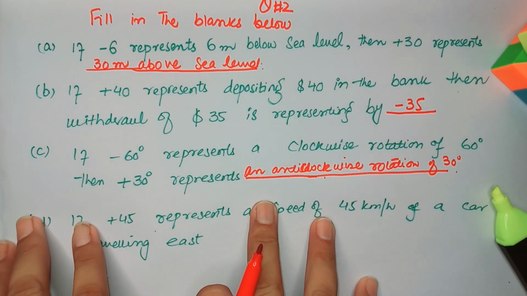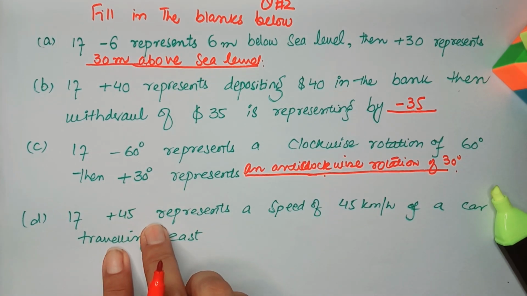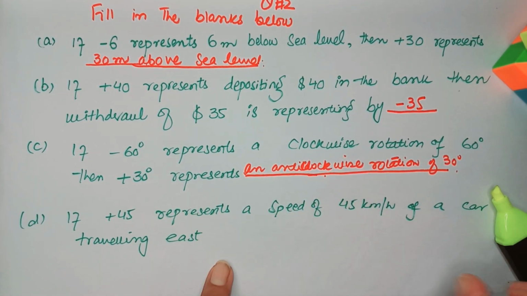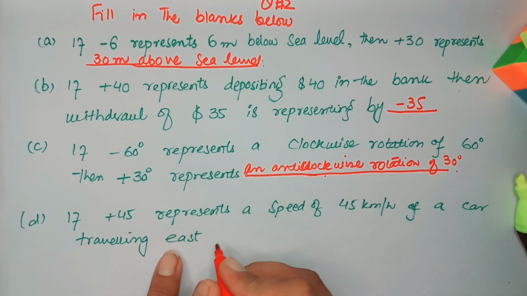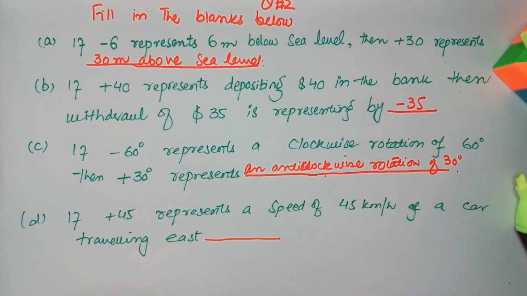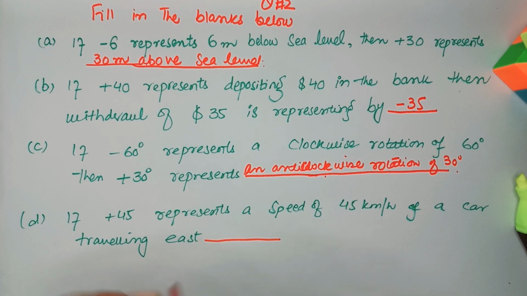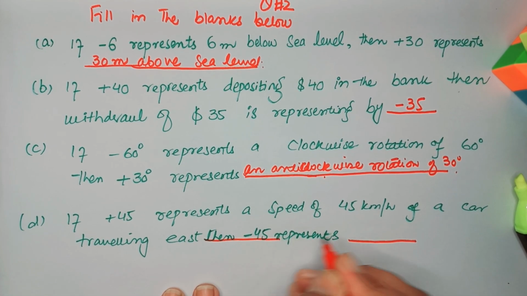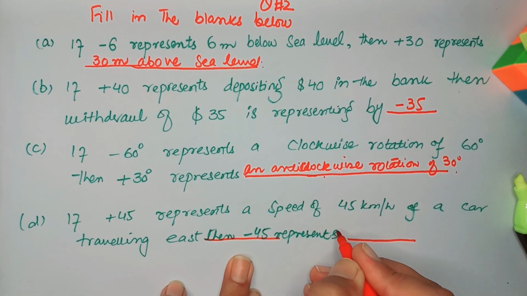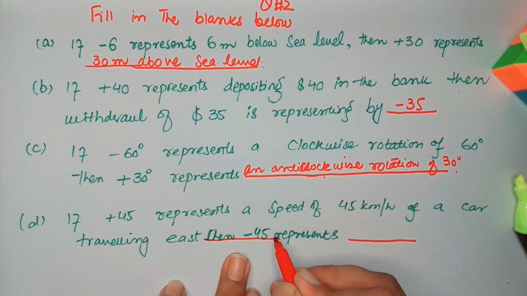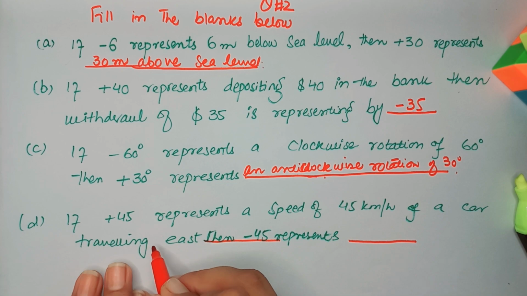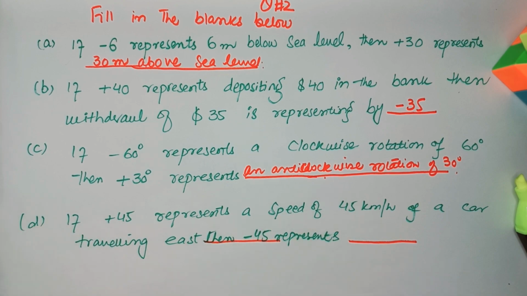And the last one is, if plus 45 represents a speed of 45 km per hour of a car traveling east, then minus 45 represents the car traveling 45 km per hour towards west.